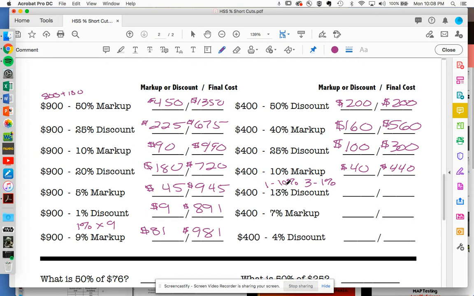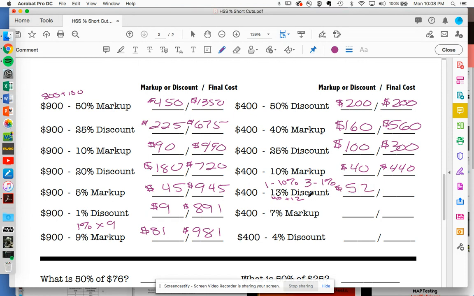So now what's 10% of 400? 10% of 400 is 40. So I can write that down right there. Now what's 1%? I move it over 1, 2. 1% is 4, but I need 3 of those 4s. So that would be 12. What's 40 plus 12? Hopefully you got 52.